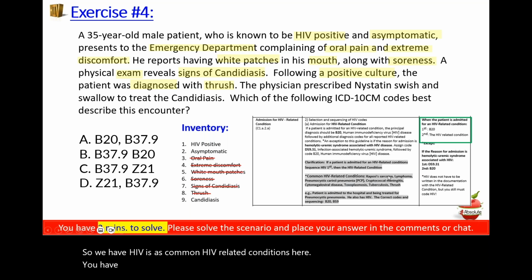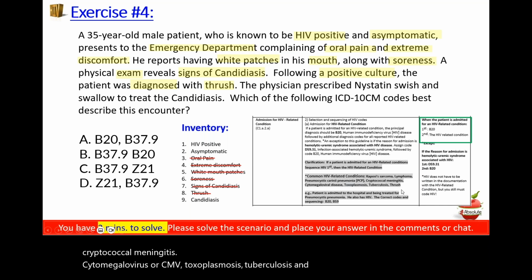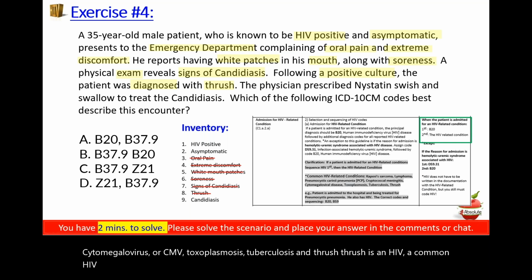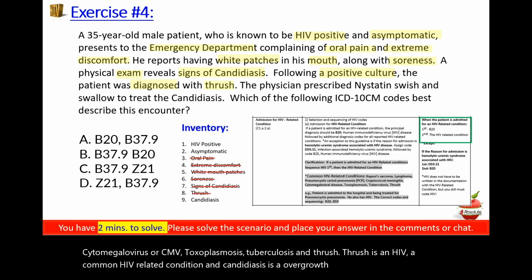You have Kaposi sarcoma, lymphoma, pneumocystis carinii pneumonia or PCP, cryptococcal meningitis, cytomegalovirus or CMV, toxoplasmosis, tuberculosis, and thrush. Thrush is a common HIV related condition, and candidiasis is an overgrowth of candida or thrush. It's a type of fungus.